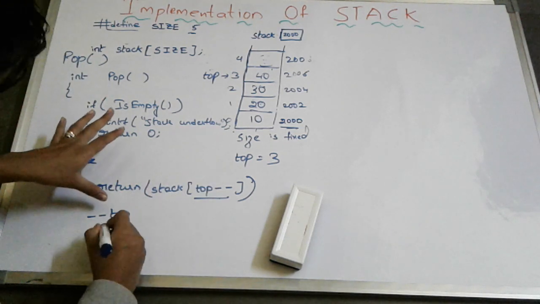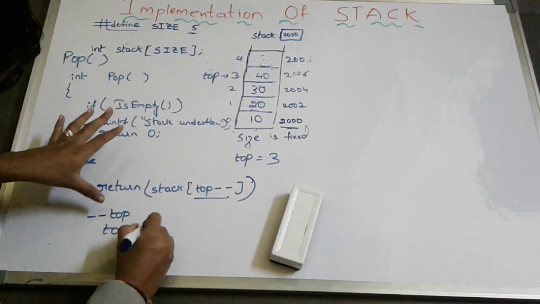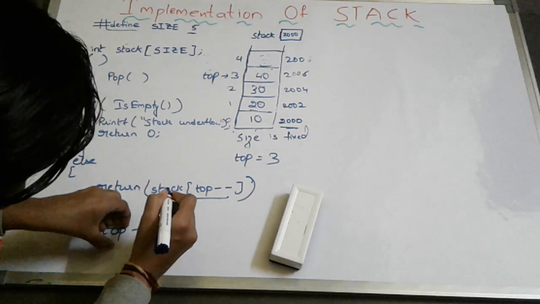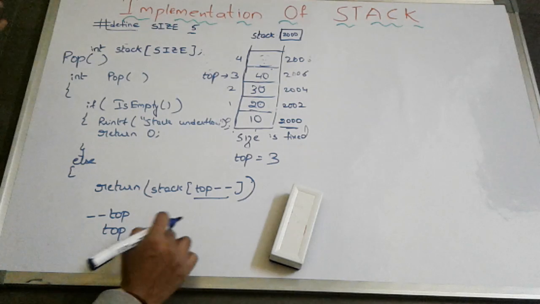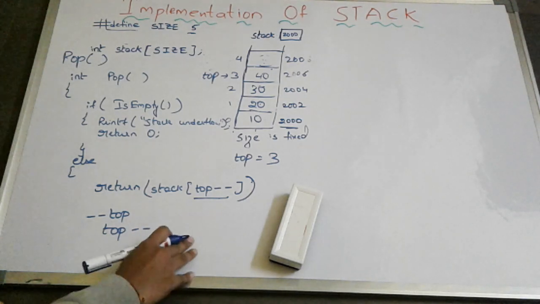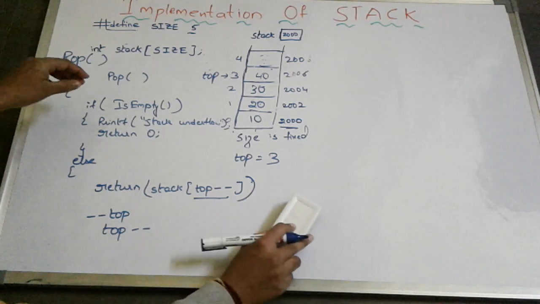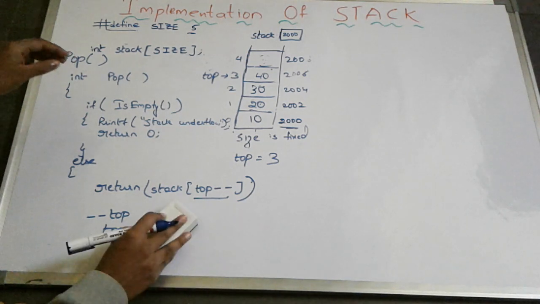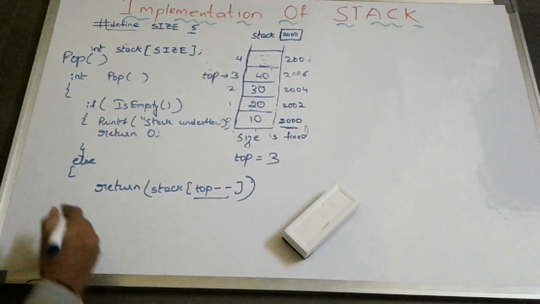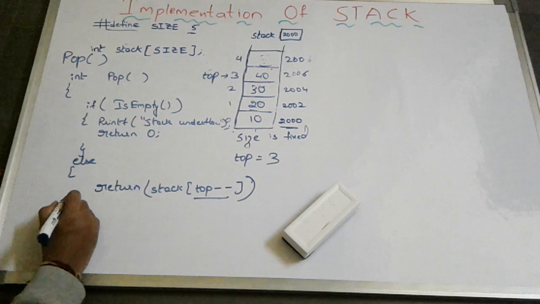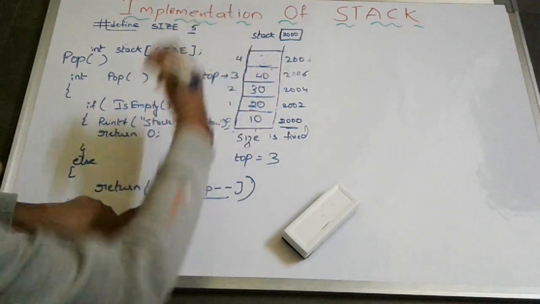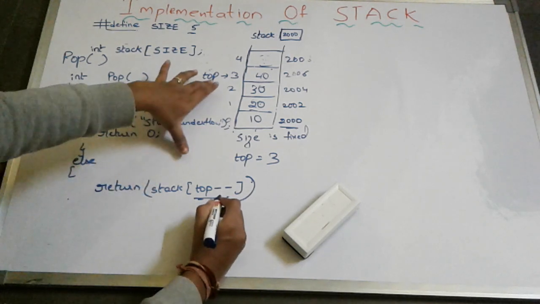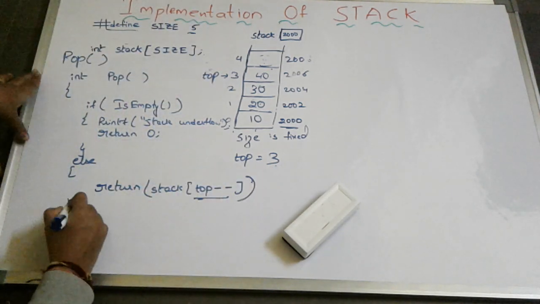If we write top minus minus, that means the top value is returned and then the top value is decremented. Now we are returning the stack element, that is here we are returning 50 and then top will be decremented, that is 3.